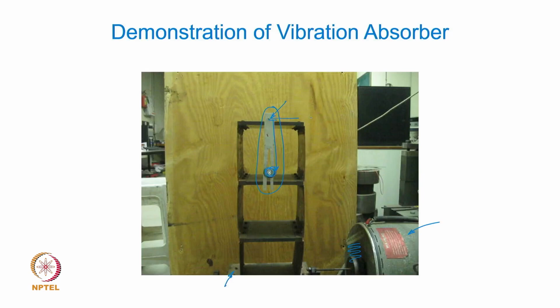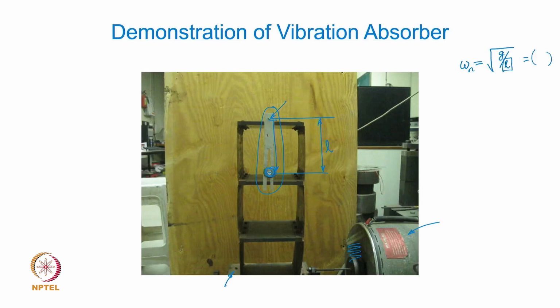The length here is properly calibrated. Because you can find the natural frequency of the pendulum, you can find out what the length should be so that it is equal to one of the natural frequencies of this multi-floor apparatus. So this L, the length at which this mass is connected, is properly calibrated, so that the natural frequency of this pendulum matches with one of the natural frequencies of the system.